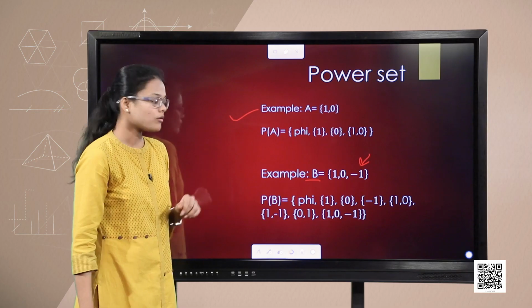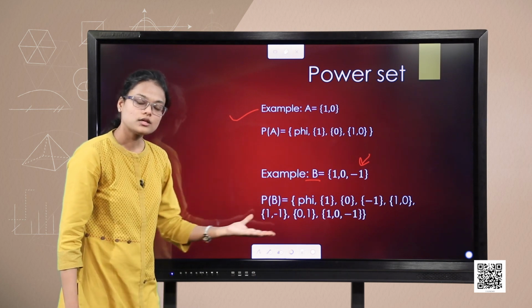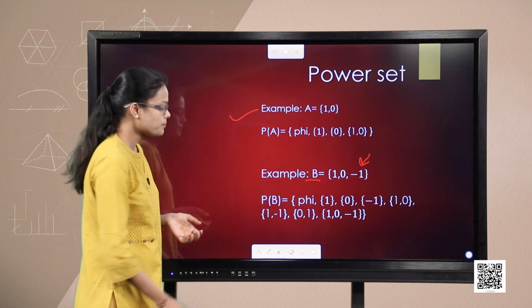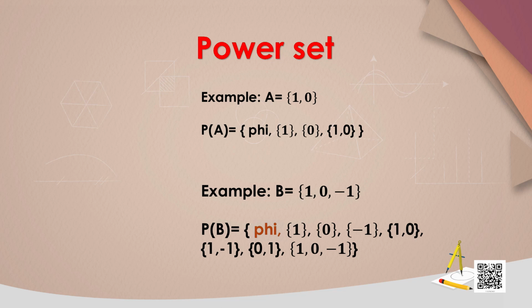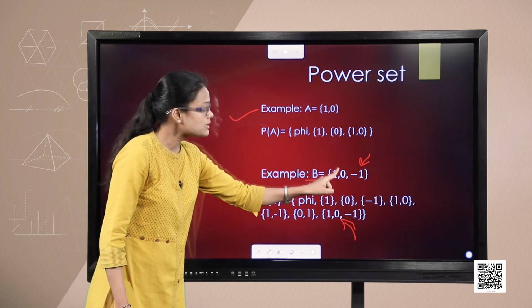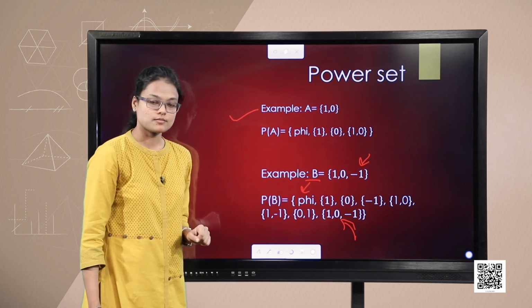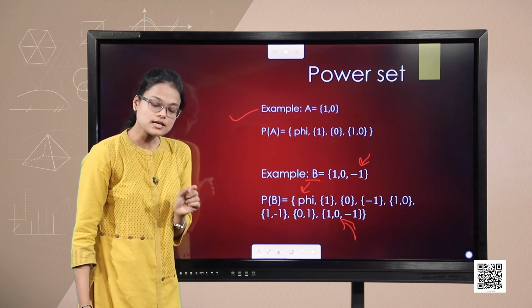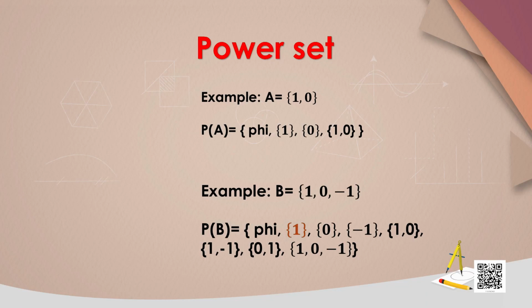Okay? Now, let us first list all the subsets. What are they? Empty set, the set itself. Two subsets will always be there. Now, all the singleton sets, that means all the single elements. Singleton set consisting of element 1, singleton set consisting of element 0, singleton set consisting of element -1.